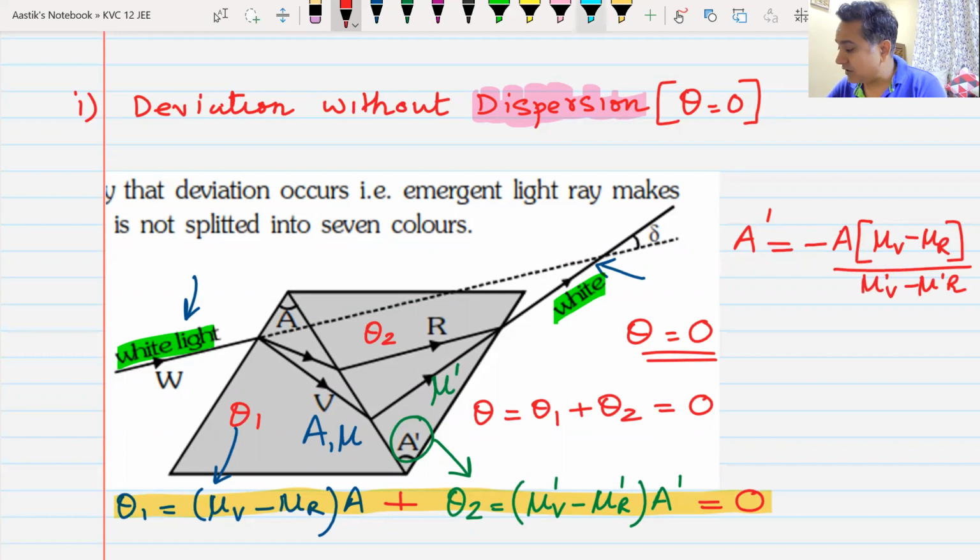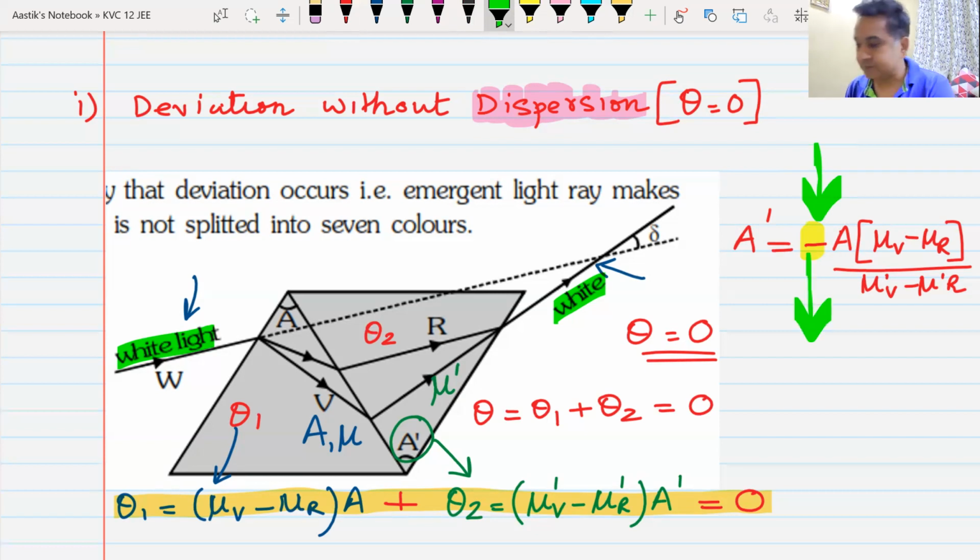This minus sign, what does this minus sign indicate? Anyone? Opposite direction. Not opposite direction as such.